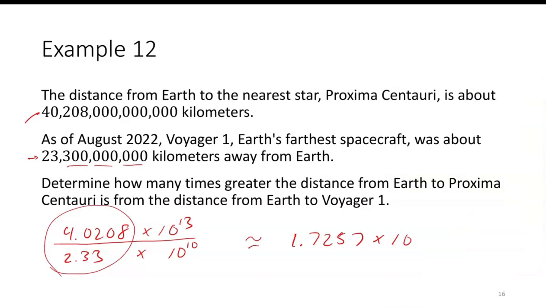Nice thing about the other part, the 10 to the 13th divided by 10 to the 10th, is you would subtract exponents. So this is really 10 to the 13 minus 10.